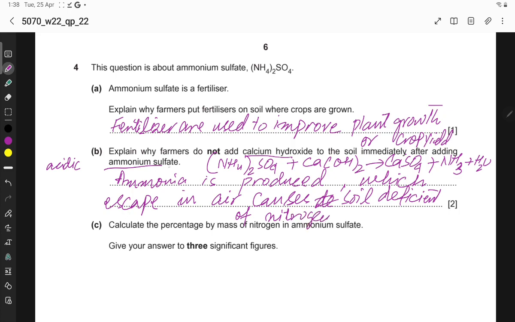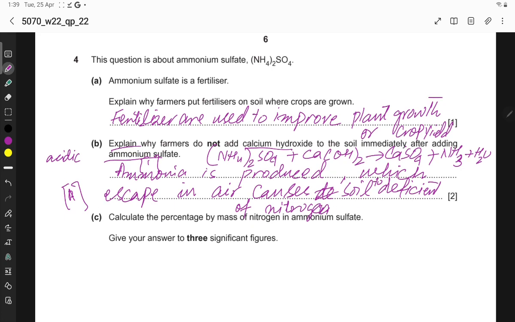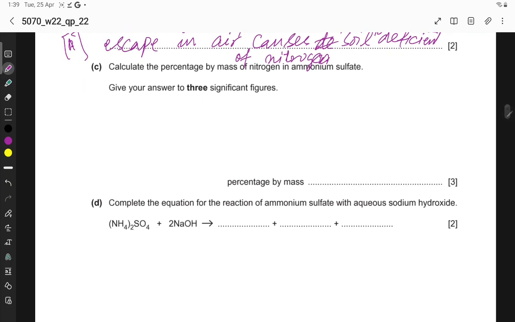If it says explain, just write down that ammonia is produced in this reaction which escapes. That is 1 mark over here, and the second mark is that ammonia escaping in air causes soil to be deficient of nitrogen.